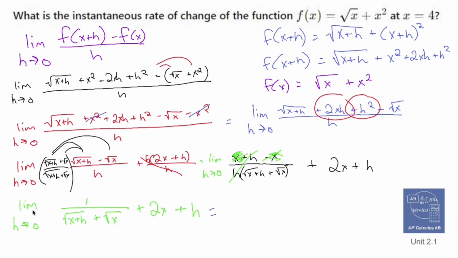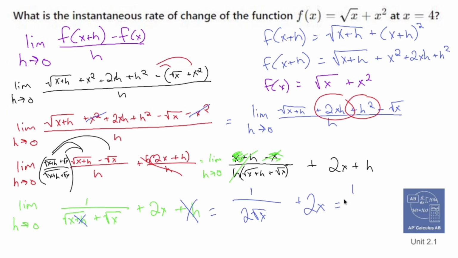Okay? So if I plug in my 0 for h, those terms will go away. And that leaves me with 1 over root x plus root x is 2 root x, and then plus 2x. Still not done yet, because x is 4. So now I have to replace x with 4.